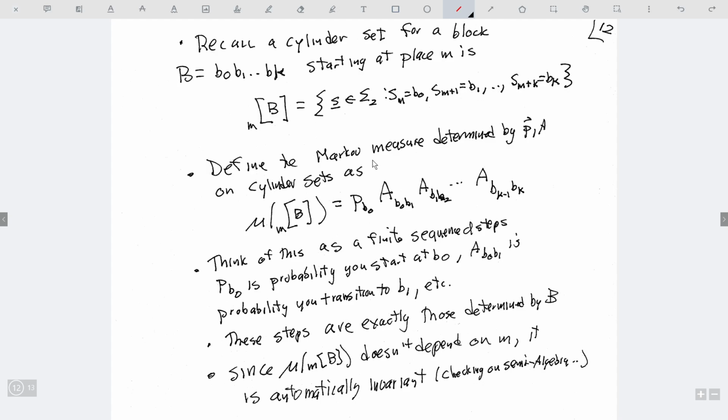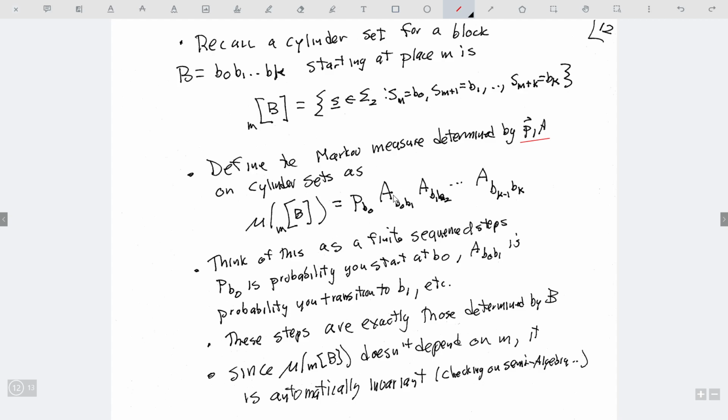So your Markov measure, which is determined now by this probability vector and the matrix A, is: you first compute the probability of the first entry. You should think of this as an event, a finite sequence of steps. This is telling you the probability of being in the first state.